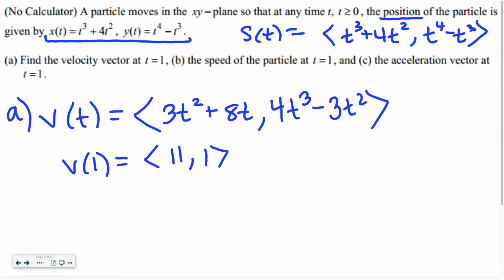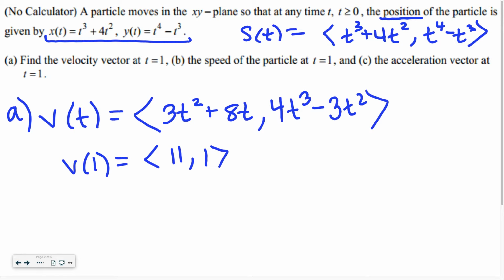Okay. So when we did speed, we did the square root of dx/dt squared plus dy/dt squared. Yes? Well, by finding the velocity vector, we have dx/dt and dy/dt. And since it's in vector form, when we find the magnitude, we take the square root of dx/dt squared plus dy/dt squared.